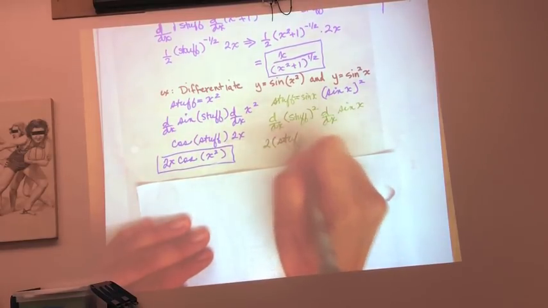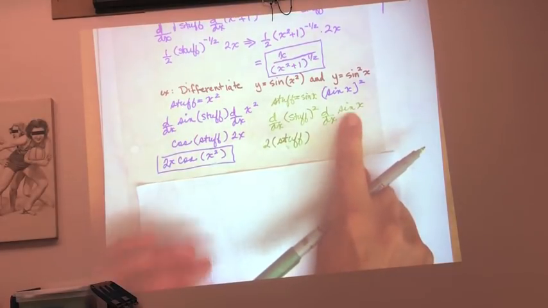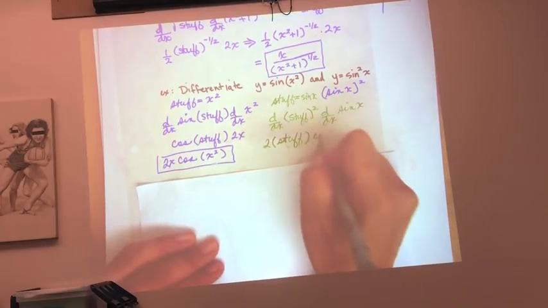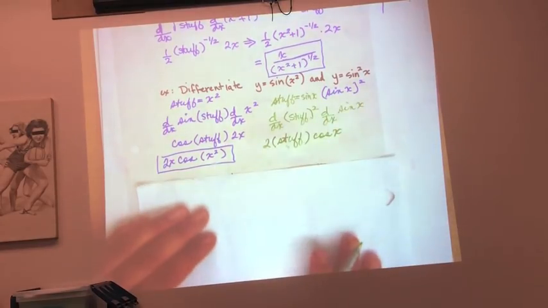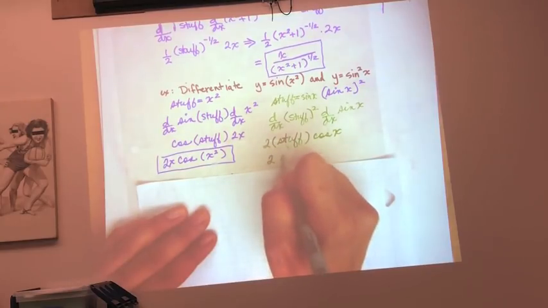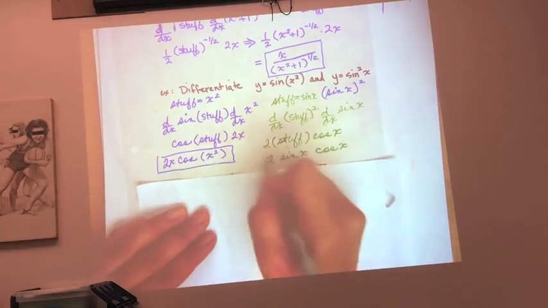Apparently, I don't know how to spell stuff. And then inside here, I'm going to go ahead and derive my stuff, which in this case is cosine of x. And now I'm going to put my stuff back in, and I get 2 sine of x cosine of x. And this is my answer.